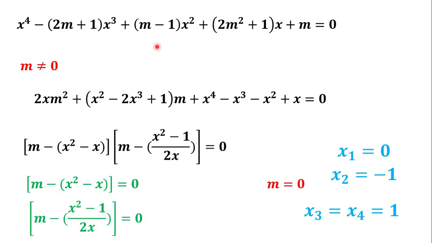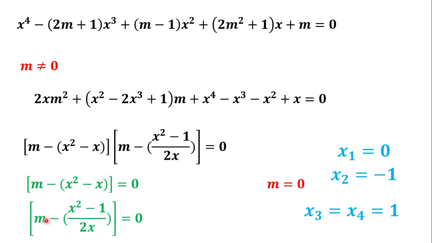Notice that x equals 0 is not our answer, because if we check x equals 0 in this equation, you can see we are going to get m equals 0, but we said m isn't equal to 0.